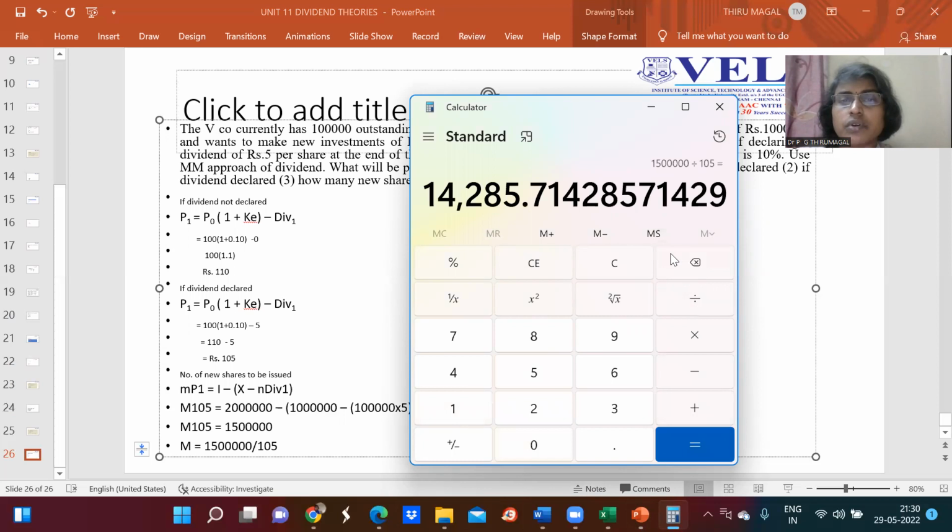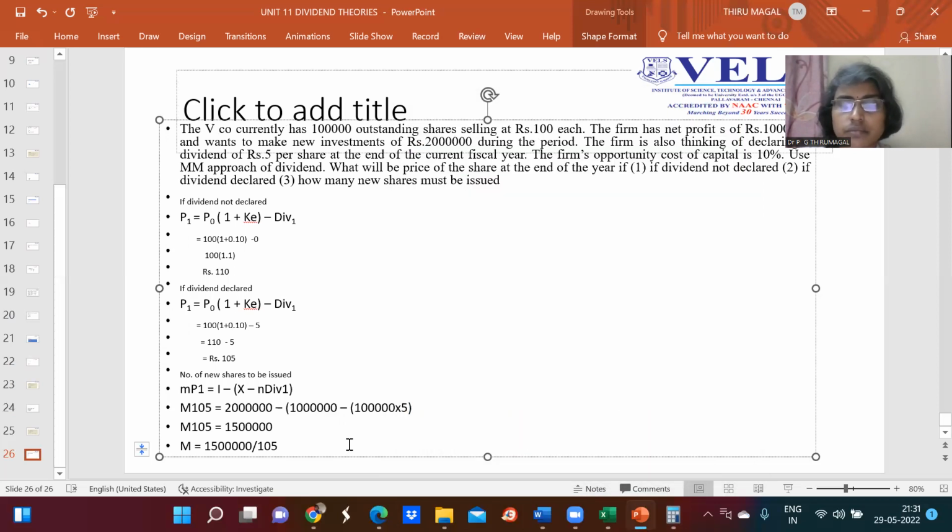The value comes to around 14,286 shares. The new number of shares the company has to issue to make an investment of 20 lakhs, with the present level of net profit, the number of outstanding shares and the current dividend of rupees 5.